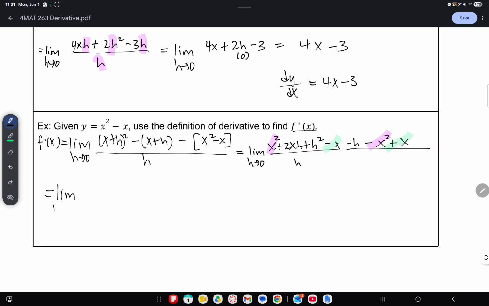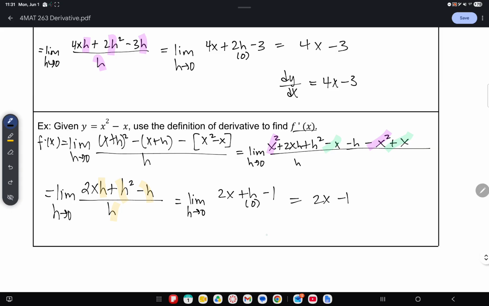So I get the limit as h approaches 0 of 2xh plus h squared minus h all over h. And then we should be recognizing again that each term has an h, and we can simplify that. So I get 2x plus h minus 1. Then I can do my direct substitution of 0 to get 2x minus 1. So f prime of x is 2x minus 1.